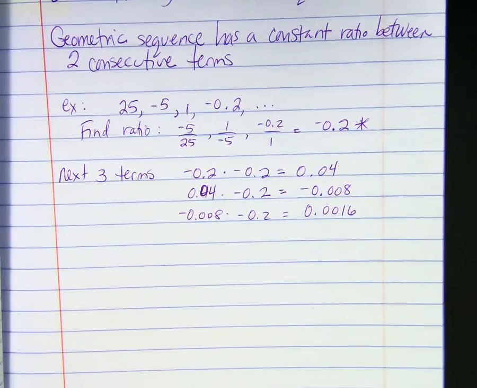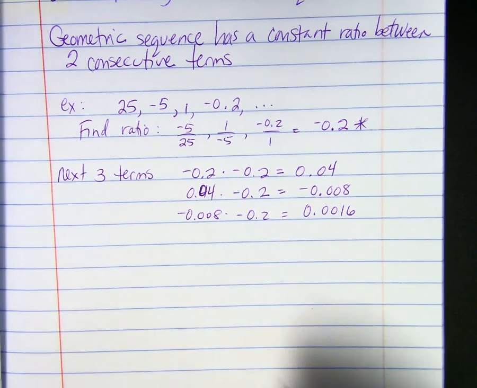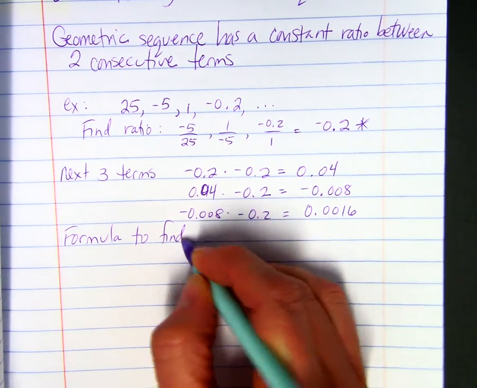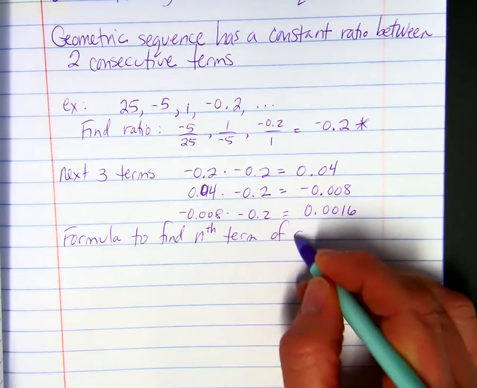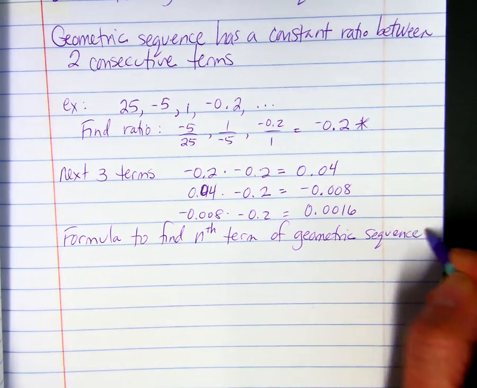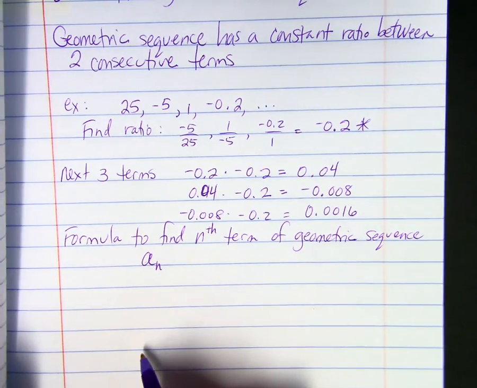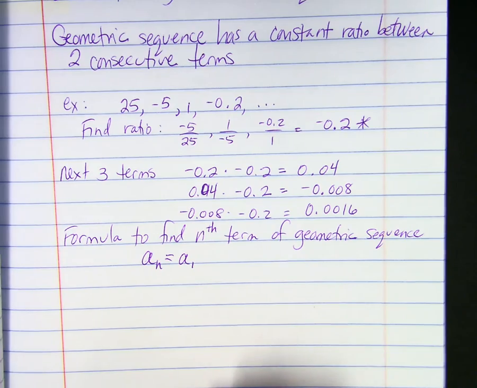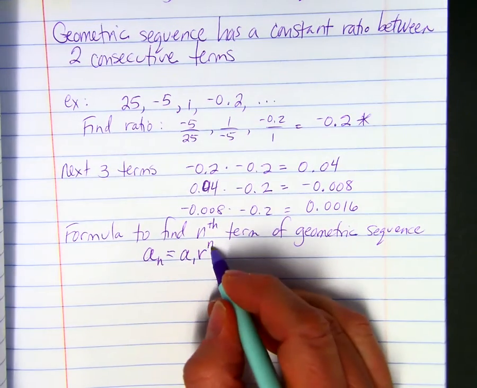Now there is a formula to find the nth term of the geometric sequence. The nth term, we call a sub n, is equal to the first term times that constant ratio raised to the n-1 power.